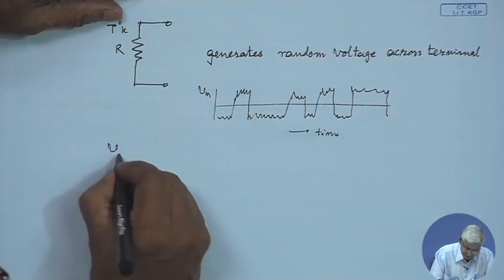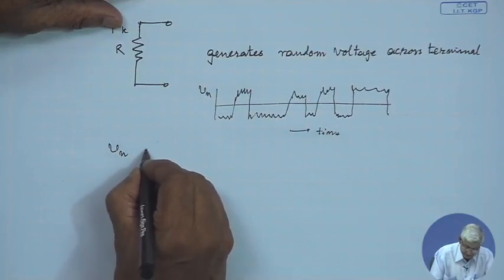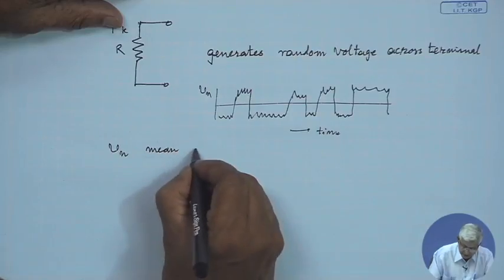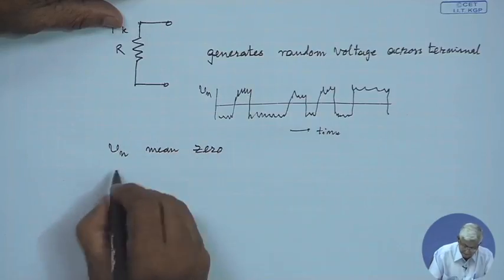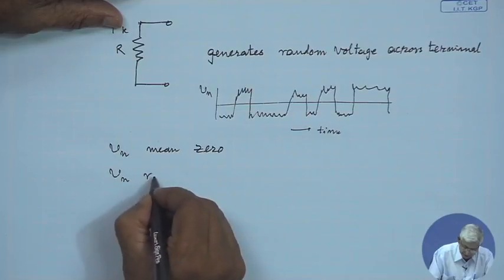The mean value of V n is 0, but there is a V n RMS value.